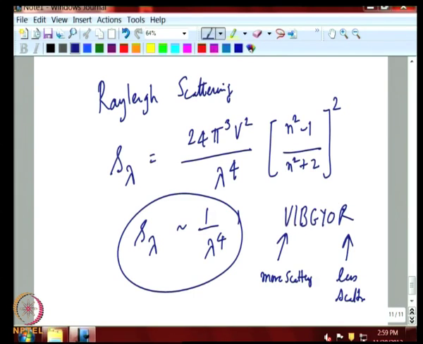So, Rayleigh scattering is a very simple example, but remember this Rayleigh scattering works only if the diameter of the object is much smaller than the wavelength of light.